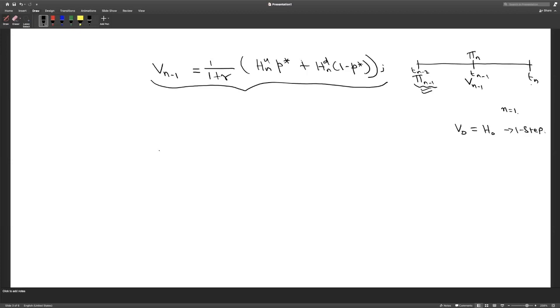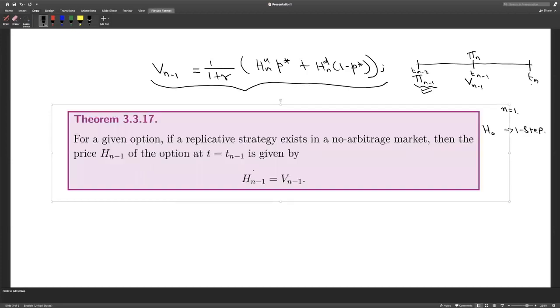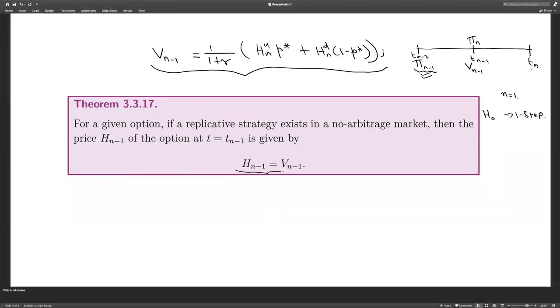So similarly, what we will do here is we will assume that the payoff or the value of the option at time Tn minus 1 is equal to Vn minus 1. So what is Vn minus 1? Vn minus 1 is the value of the portfolio pi n minus 1. Okay, so we assume that the option's value is equal to the value of the portfolio pi n minus 1.